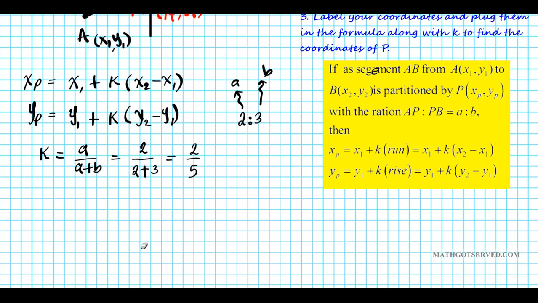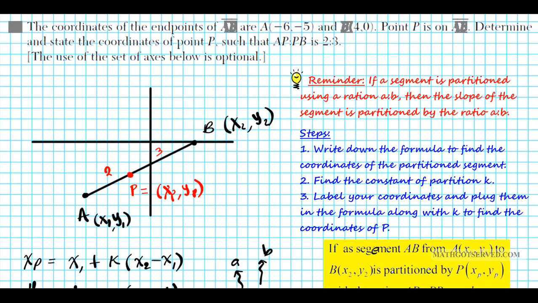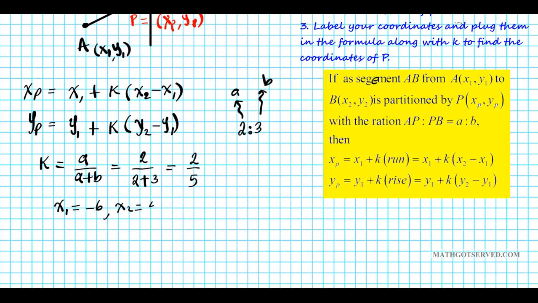Now, what is x1? x1 is negative 6. What is x2? x2 is 4. y1 is negative 5. y2 is 0.